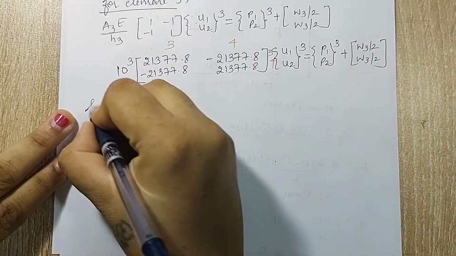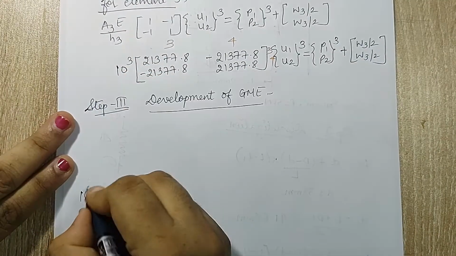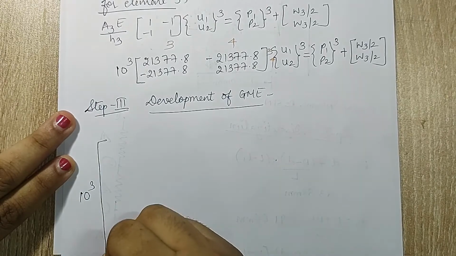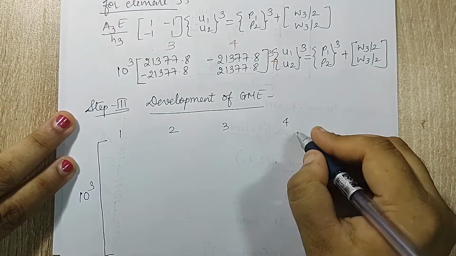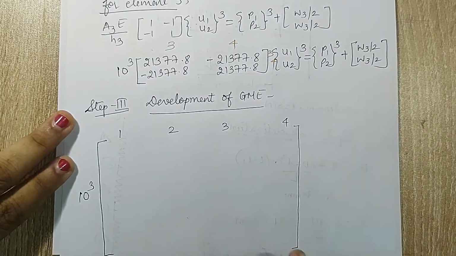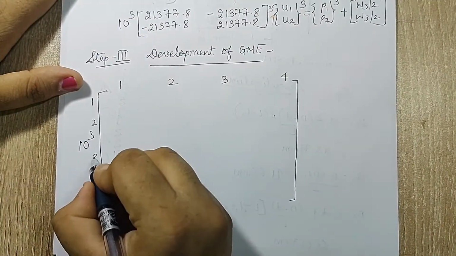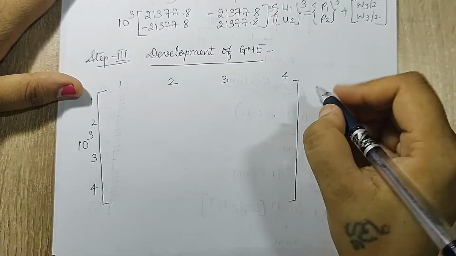Next I'll go to step 3, development of GME. I have a 10 raised to 3 common. Rows and columns 1, 2, 3, 4.